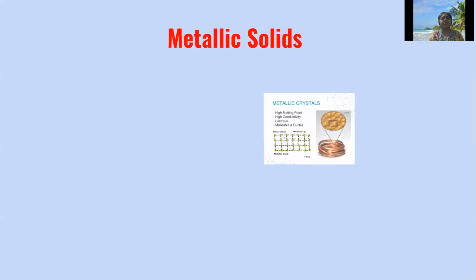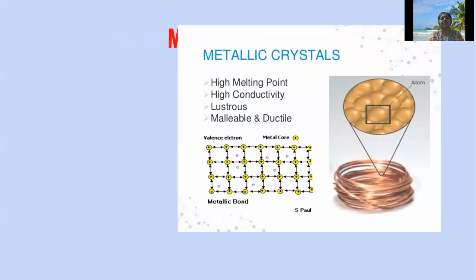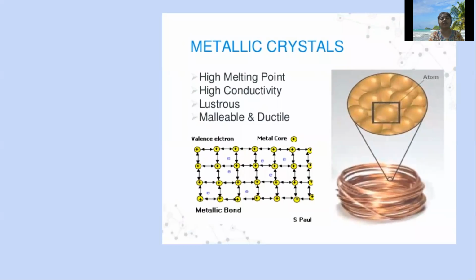Now moving on to the next type of solid, that is, the metallic solids. As the name suggests, metallic solids comprise metals. Here you can see a copper wire. I've tried to show you the enlarged view of the atomic state of this wire.